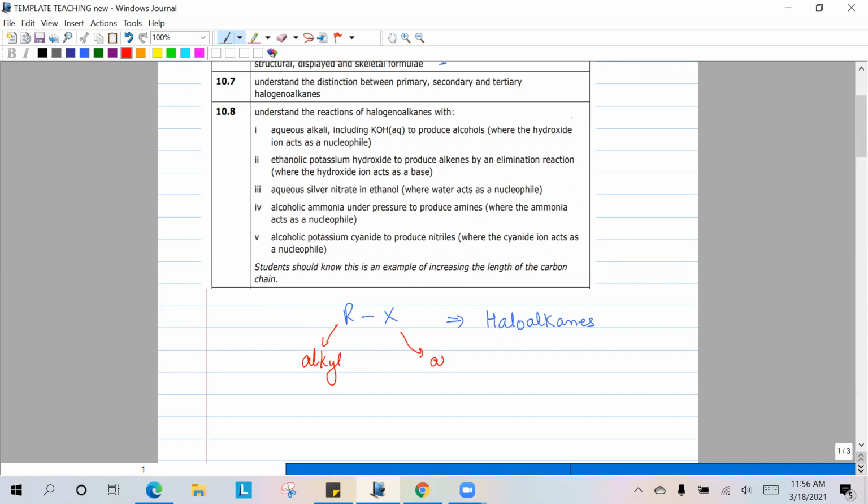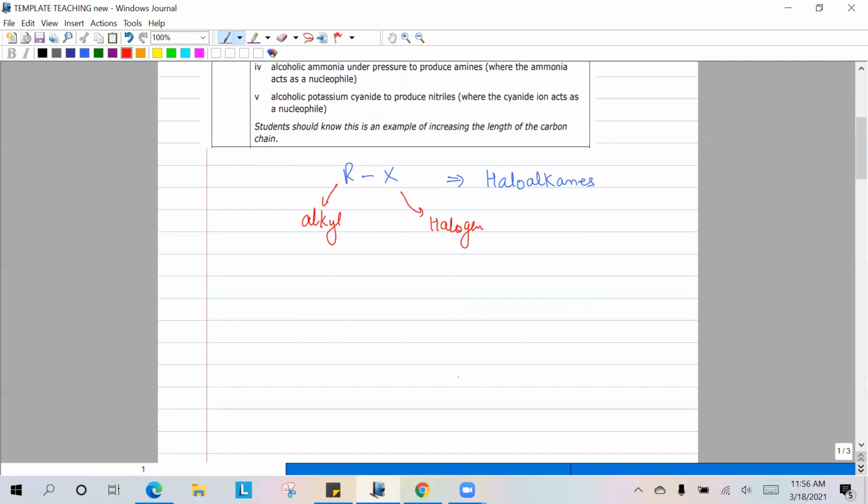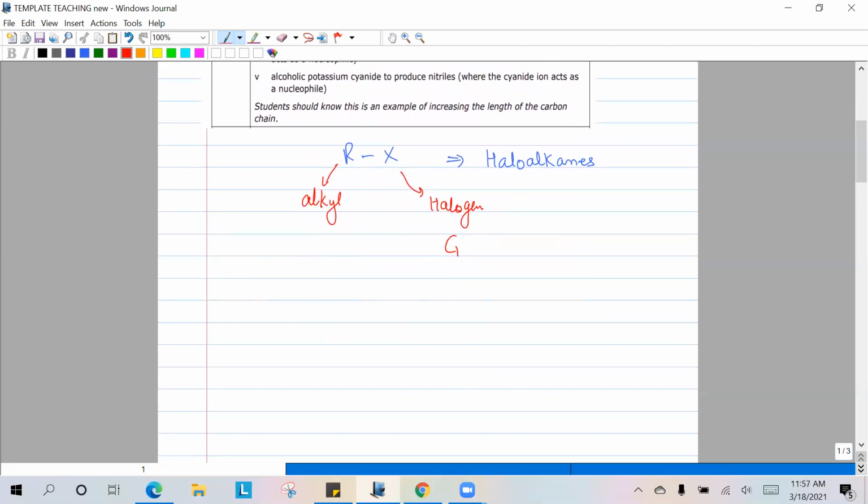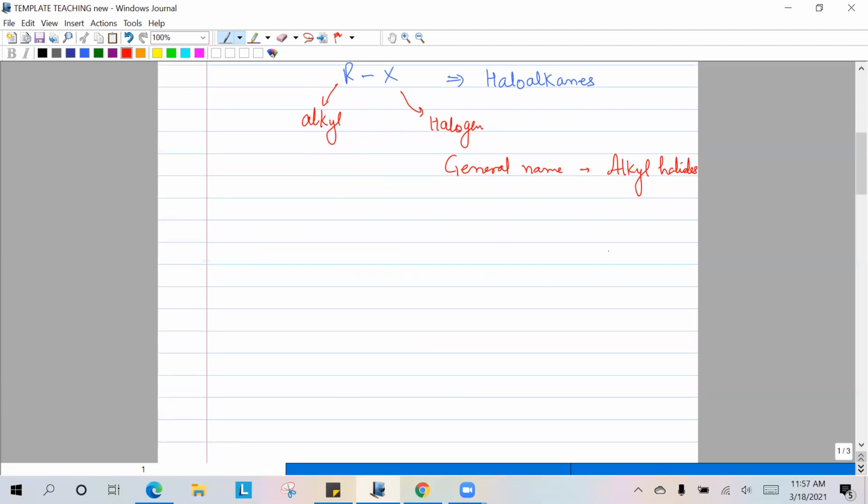And X stands for the halogens, so you could have Cl, Br, I, any of these. At many places they are also called alkyl halides. That is a general way of naming.